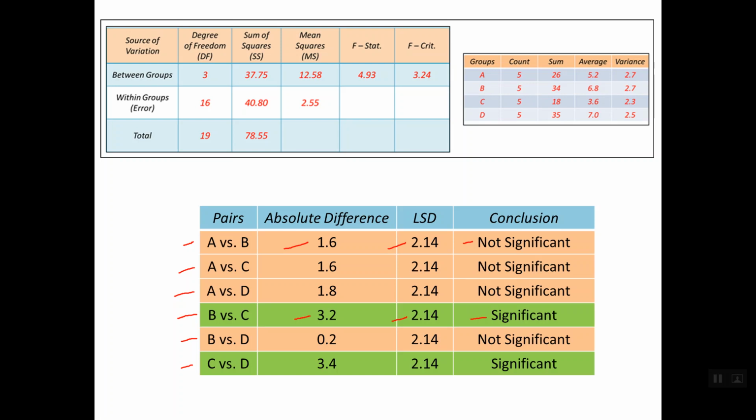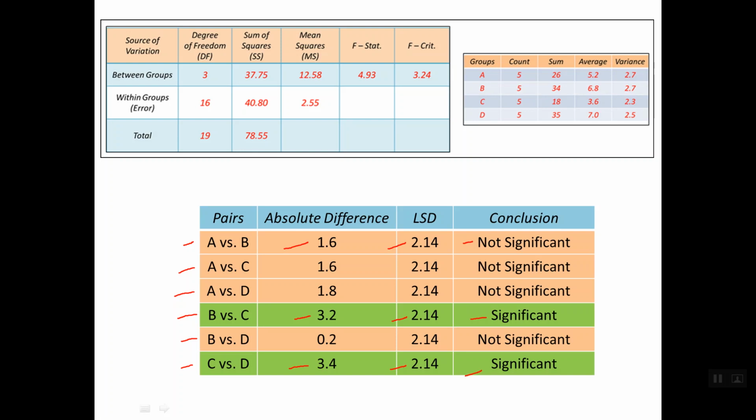Regarding B versus D, there is no significant difference. And the last pair, which is between group C and group D, we see that the absolute difference between the two means is 3.4, which is greater than 2.14. So we have a significant difference.